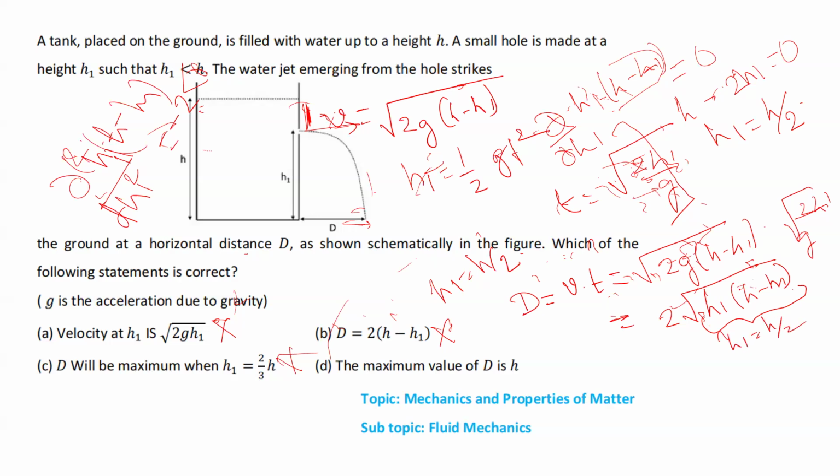Putting h1 as h by 2, it will be 2 into root over h by 2 into h by 2, right? So it is 2 into root over h squared by 4, or 2 into h by 2, which is h. So only statement D is correct for the above problem.